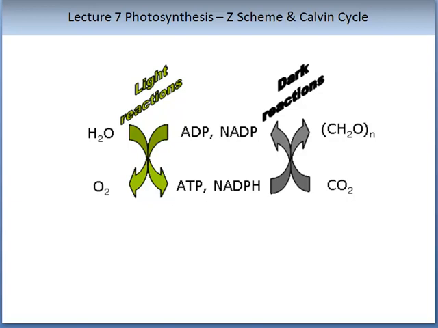You can see that in the light reactions, NADP is converted to NADPH and ADP to ATP. In this conversion, water is used and oxygen is released. In the dark reactions, NADP is regenerated from NADPH. But as this breakdown occurs, carbohydrates are formed, using carbon dioxide.